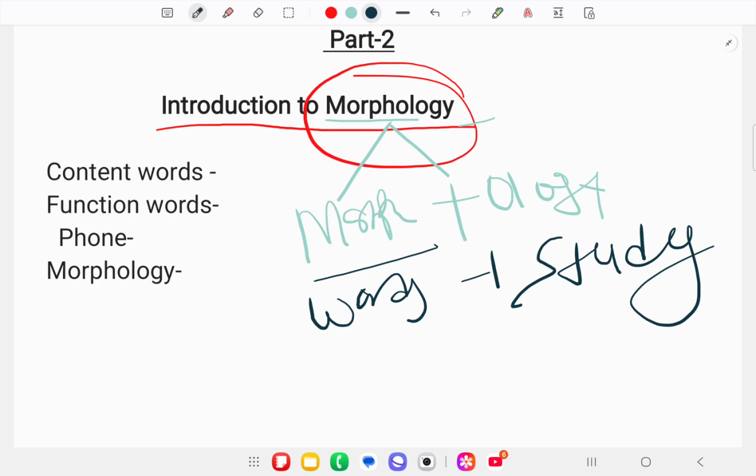So with this we can give the definition of morphology: morphology is the branch of linguistics that deals with the study of words, or with the internal structure of words. Okay.